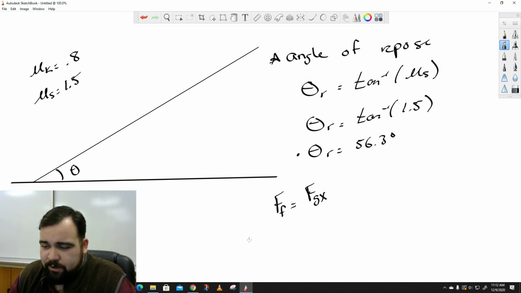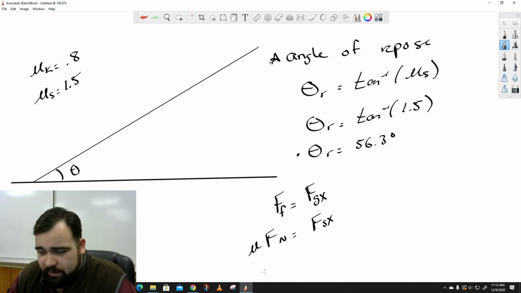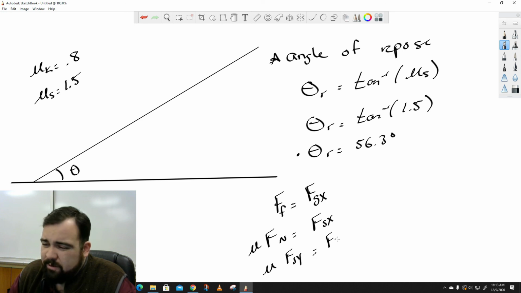You know the force of friction is equivalent to mu times force normal. This is equivalent to Fgx. And we know that force normal is the same as our Fgy. So mu Fgy equals Fgx. So moving things around, we get mu equals the x component of gravity divided by the y component of gravity.